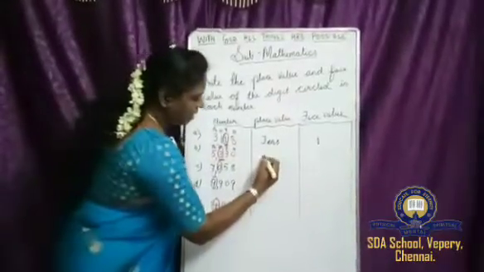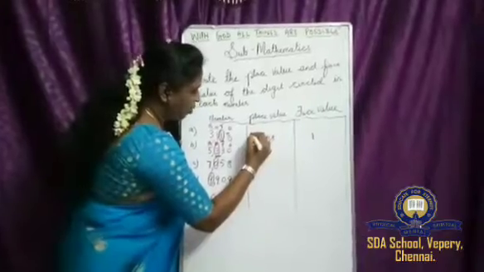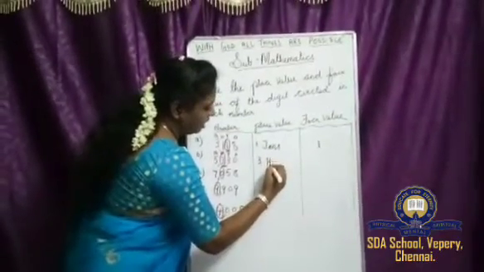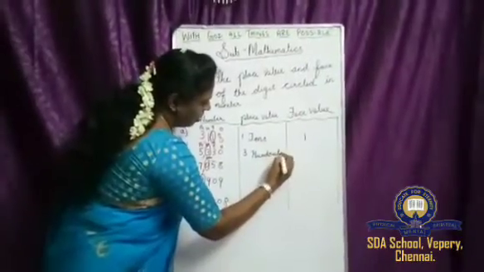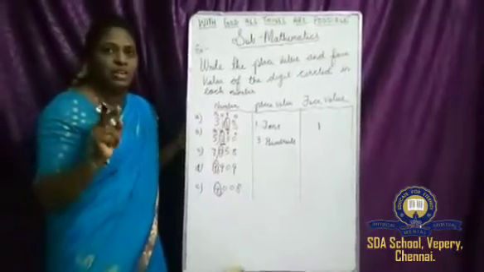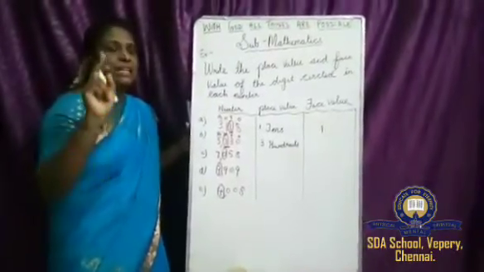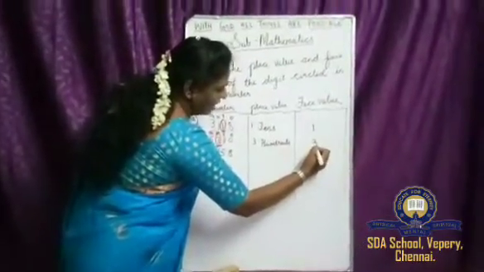So you write 3 hundreds, just as you wrote 1 tens. What is the face value? The face value is the number itself. So write 3 as it is.